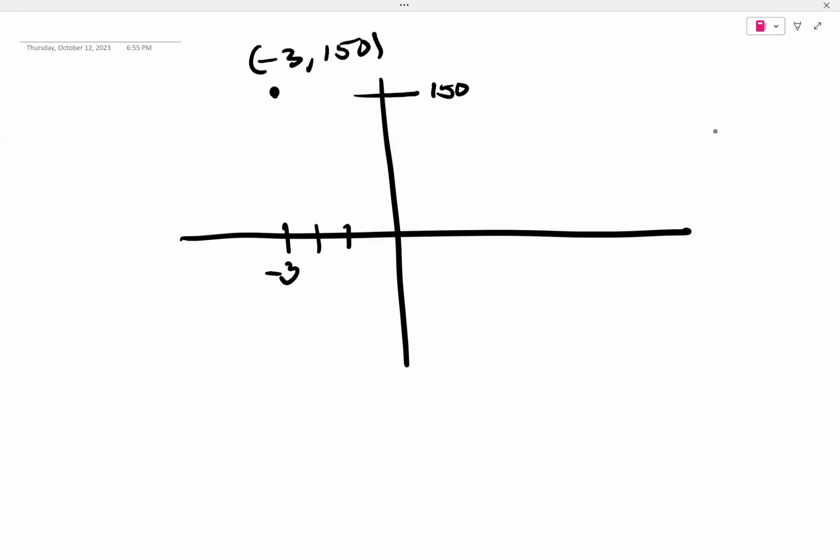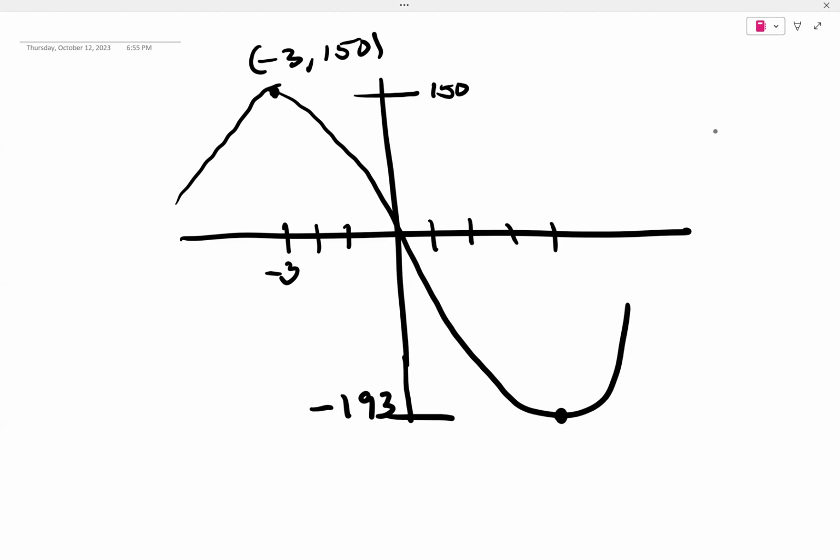And then it kind of goes through (0, 0), and it drops back down all the way to somewhere like -193, where x is 1, 2, 3, 4. So somewhere around there, it's hitting here. And so this diagram does this behavior, where it kind of loops and comes back. And so this point is (4, -193). You can substitute it in.